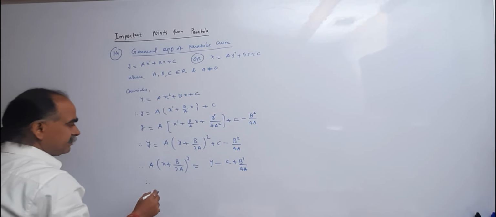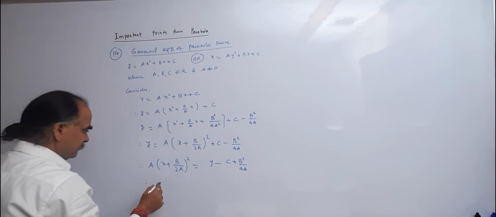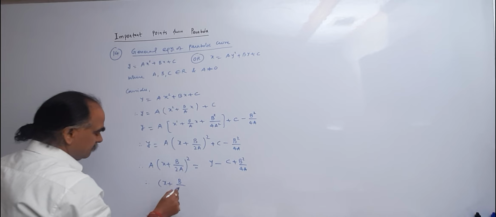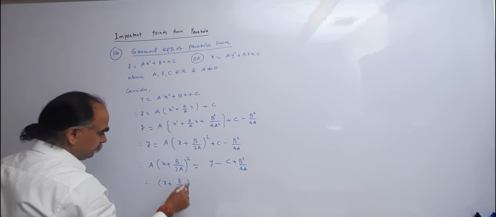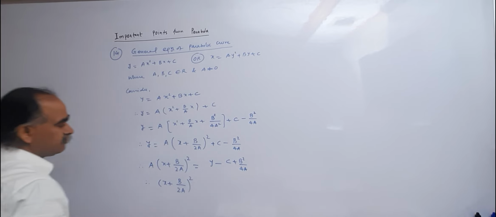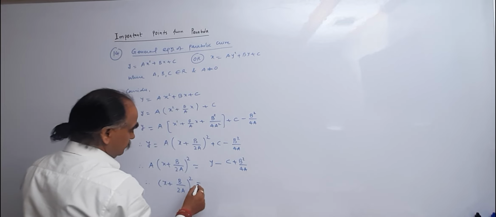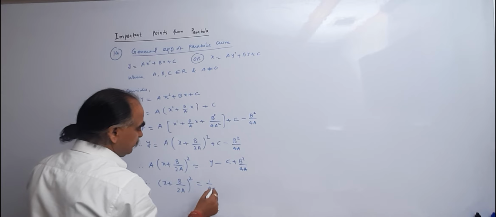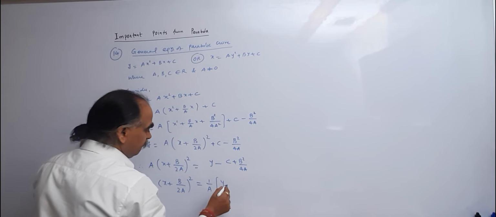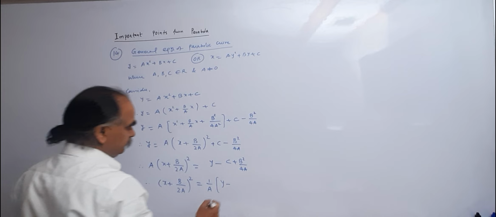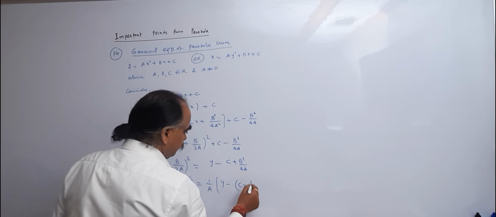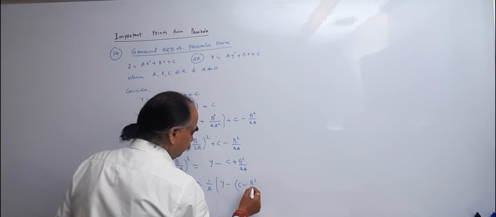You divide a on that side, so you'll get x plus b by 2a the whole square is equal to 1 upon a into y minus, in bracket you will get c minus b square by 4a.